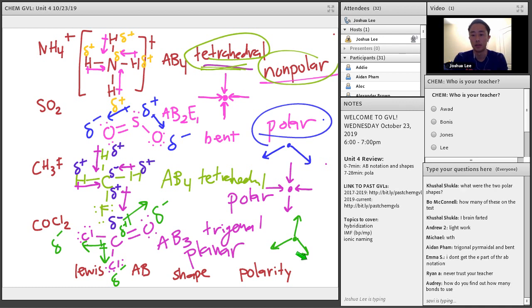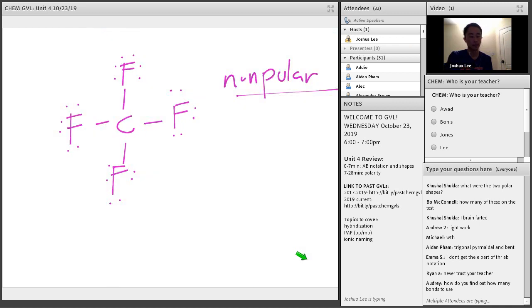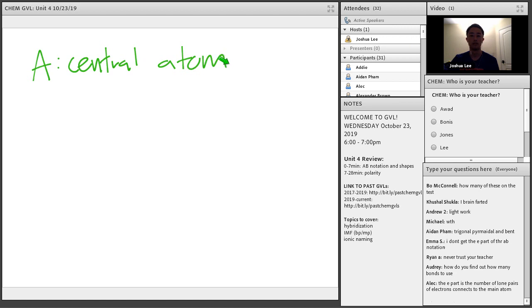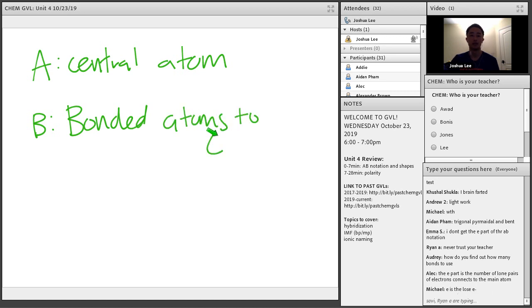I don't get the E part of the ABE notation. So the ABE notation is, A is the central atom. B are the bonded atoms to the central atom.